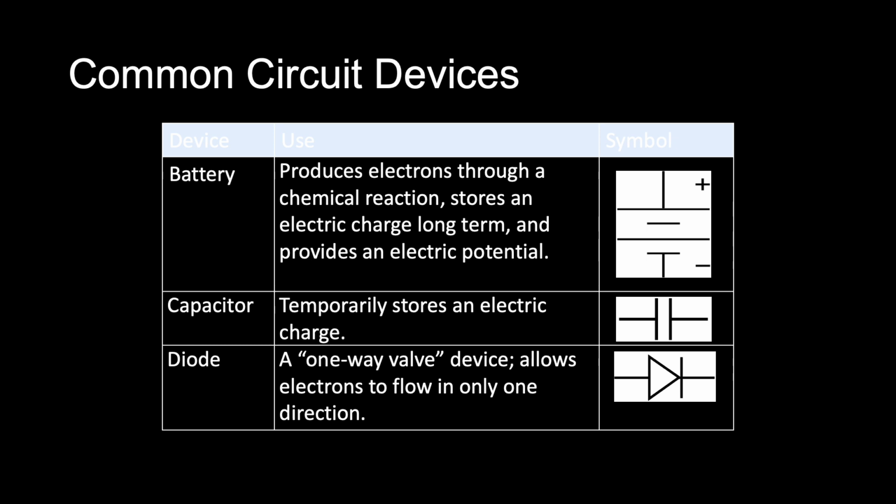A capacitor is like a battery in that it stores an electric charge, but it works very differently in that it cannot produce new electrons and stores the charge only temporarily. A diode, or a solid-state rectifier, is a one-way valve device that allows electrons to flow in one direction only. And you can see the symbols next to each one of those that we use when labeling the X-ray circuit.